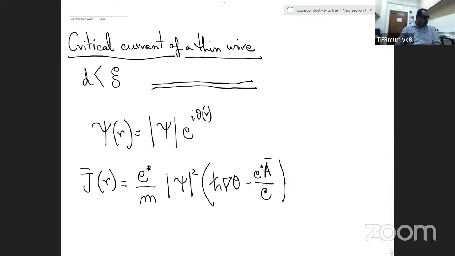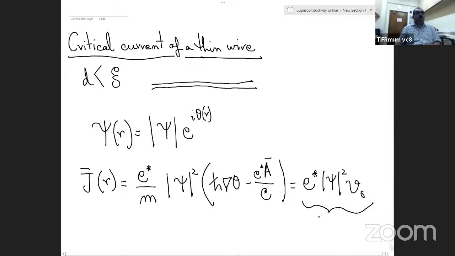Any question? Okay, if not, then this is e star psi mod square Vs, which is nothing but our well-known expression e n Vs, if we know that Ns is psi mod square.